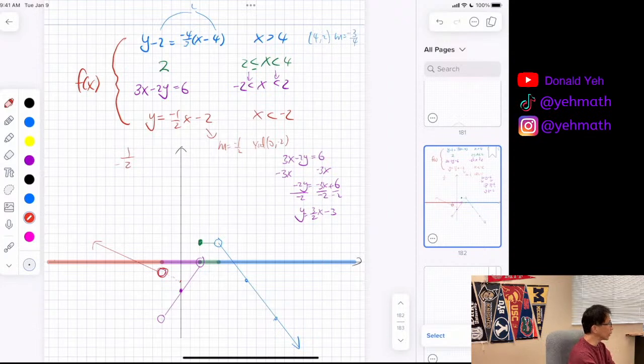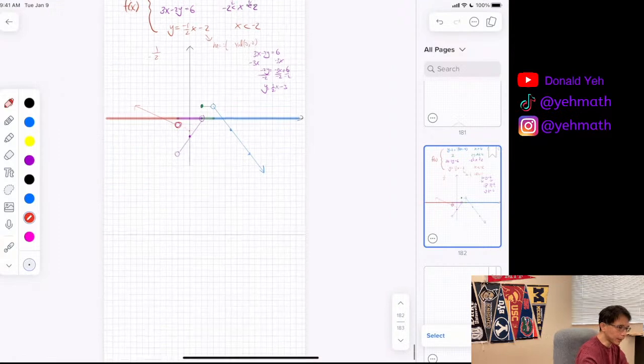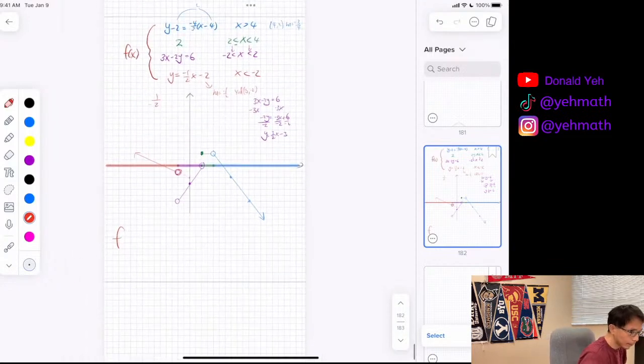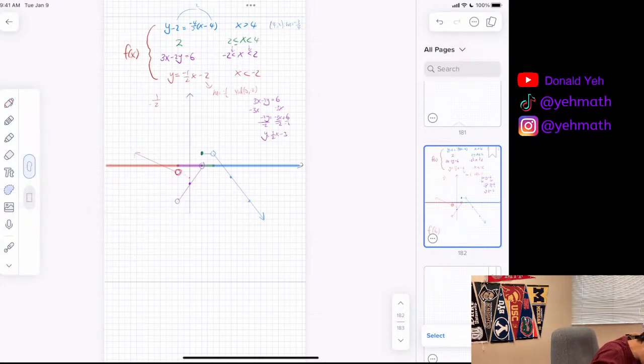Questions? Now, one last question I'm going to ask you is this. What would be the function notation that says f of something? I say f of 6. What is f of 6?